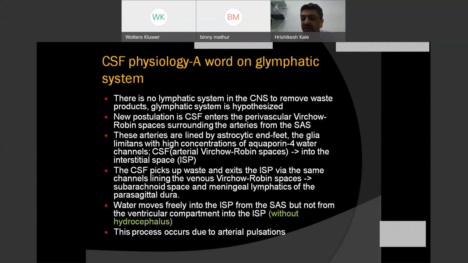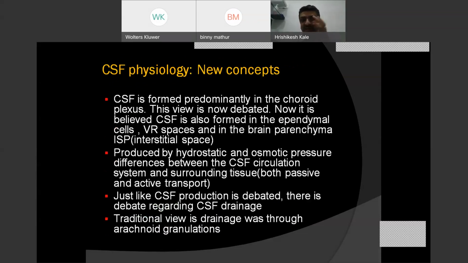If there is increased ventricular pressure, then CSF can move from the ventricles into the interstitial space. So this movement of CSF can occur from the subarachnoid space into the interstitial space, and not from the ventricular compartment into the interstitial space without the presence of hydrocephalus. All of this entire process occurs due to the presence of arterial pulsations. Okay, so let me just go back since this is a little bit complicated.